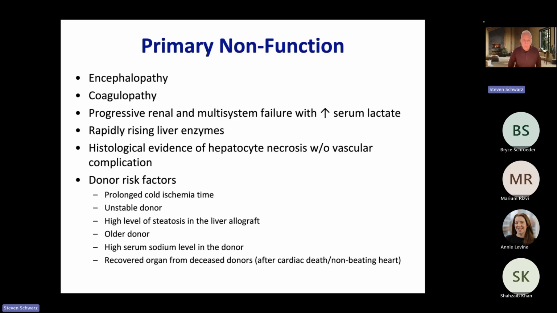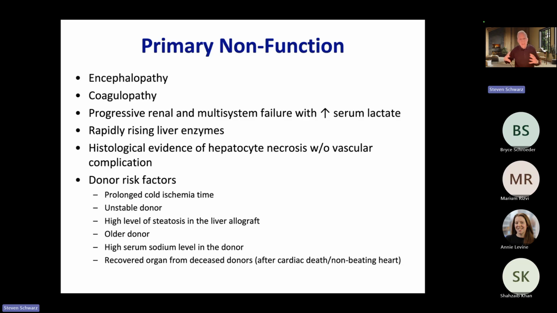Primary non-function would be marked by the early appearance of encephalopathy. Again, the younger the patient, the more difficult this is to assess, and coagulopathy. These patients may also develop progressive renal and multi-system failure, and the marker for that would be an increase in serum lactate levels, rapidly rising liver enzymes, and histologic evidence of hepatocyte necrosis.